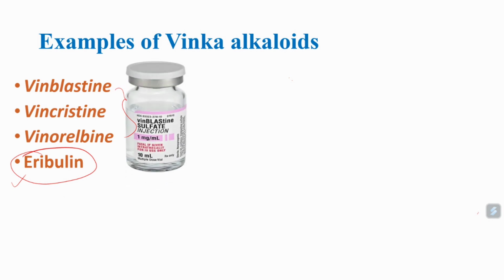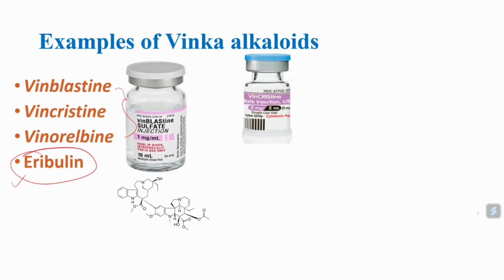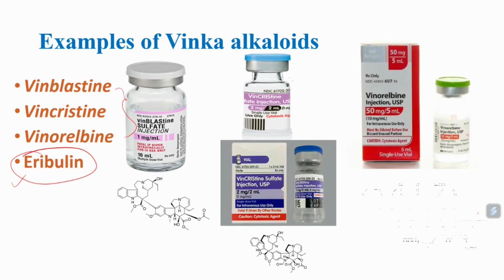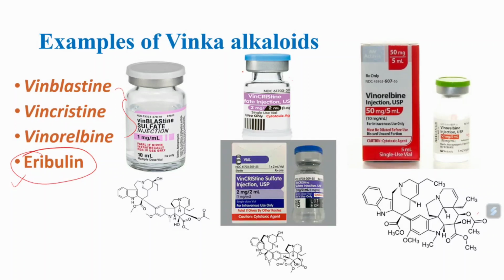Vinca alkaloids are available in IV form. Vincristine, vinblastine, and vinorelbine are all available in IV form, and are very commonly used in IV infusion. They are not given IM or subcutaneous. If given by the subcutaneous route, they will cause severe rashes.